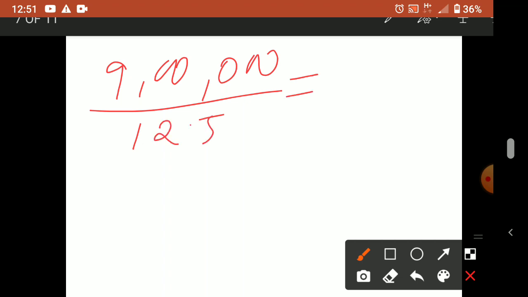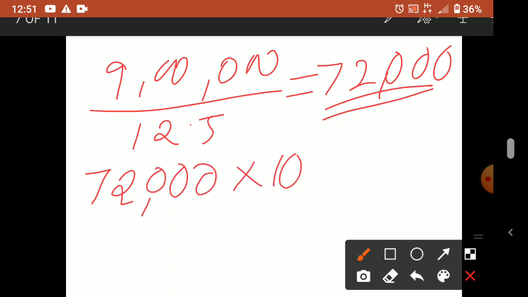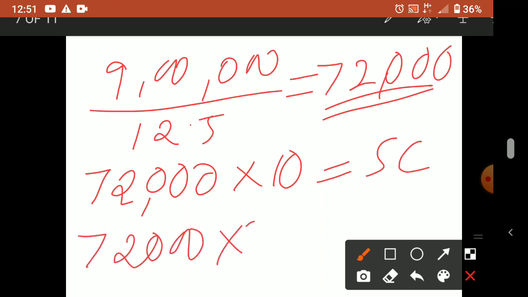So how much will come? 72,000 will come as the answer. Just do it and solve it and see. So 72,000 will be the number of shares. Now 72,000 we have to take for the entry. 72,000 into 10 will go to share capital, then 72,000 into 2.5 will go to premium.